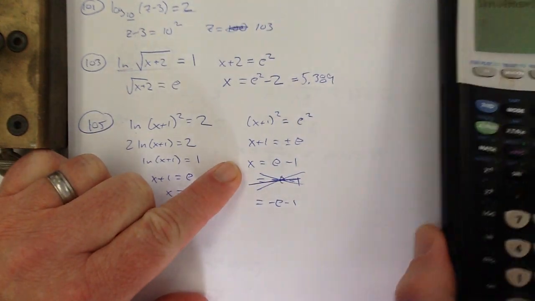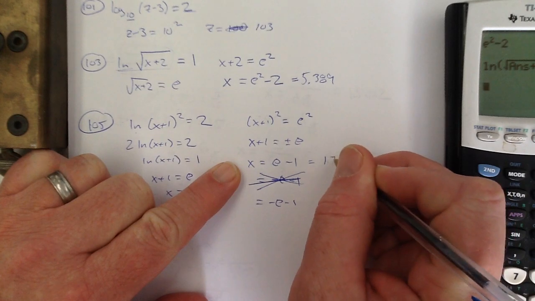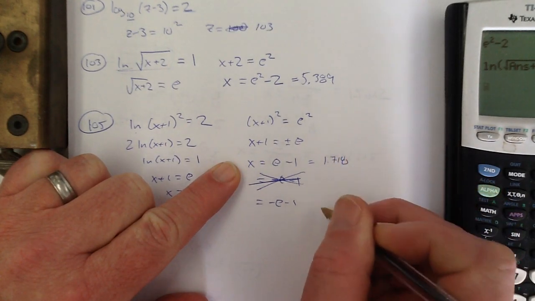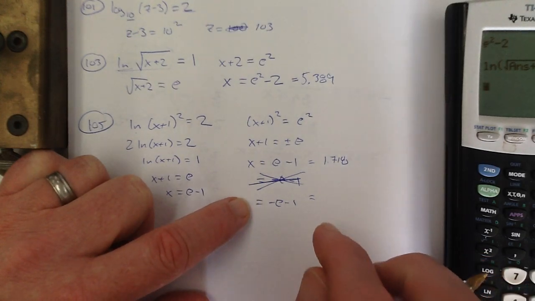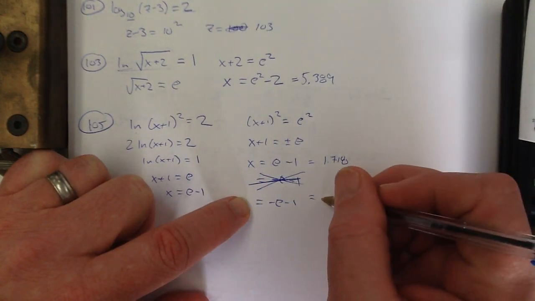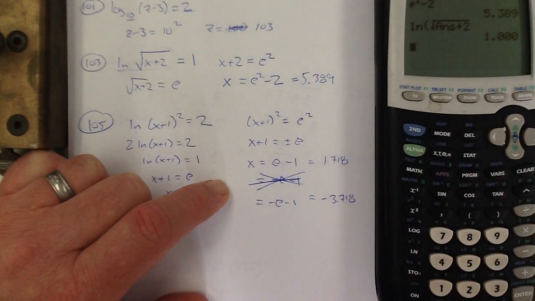So e minus 1 is 1.718, and negative e minus 1 is negative 3.718.